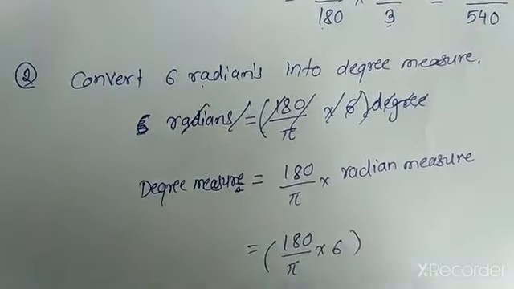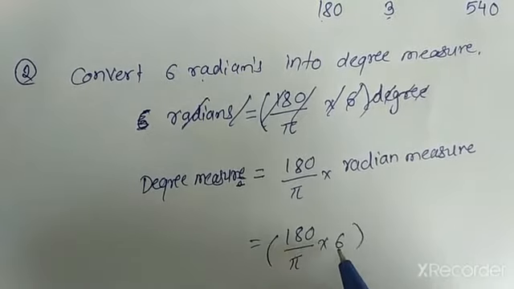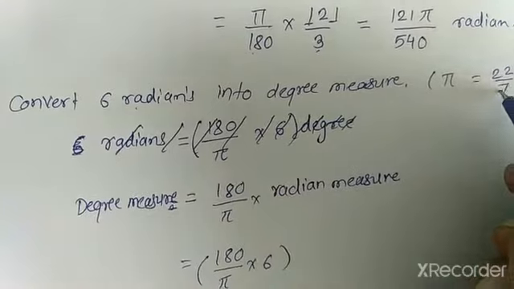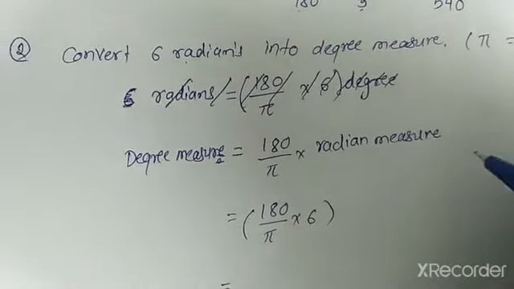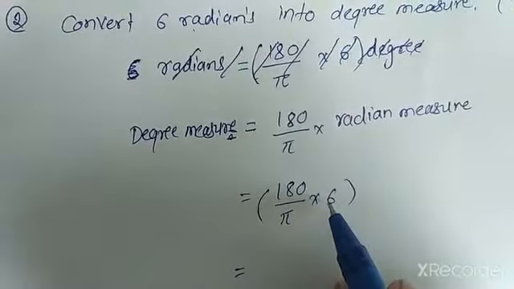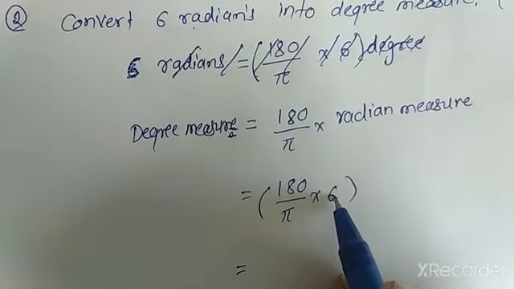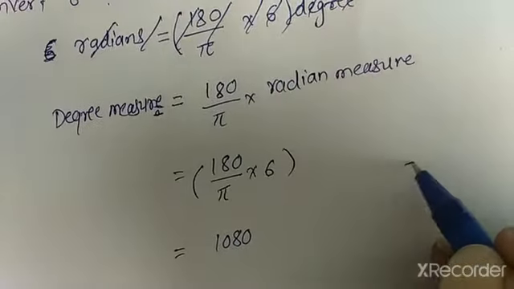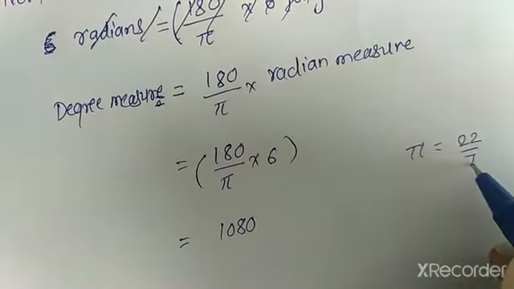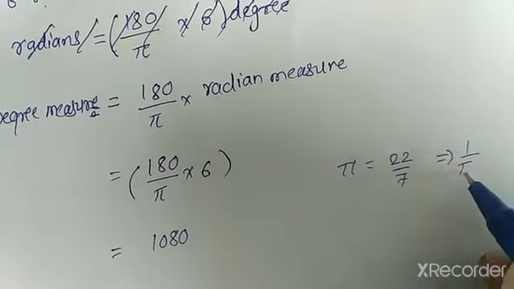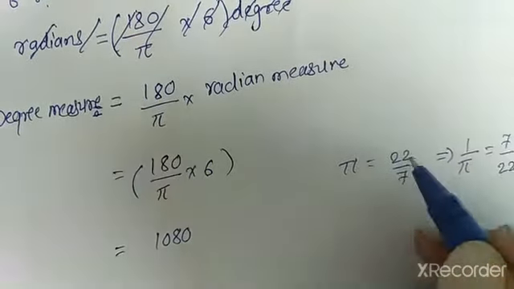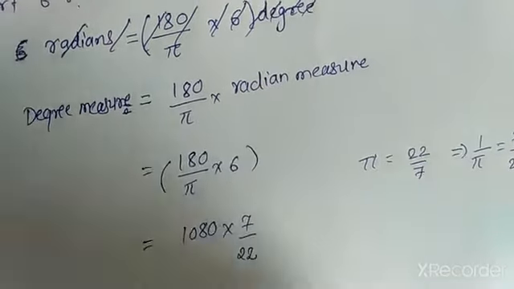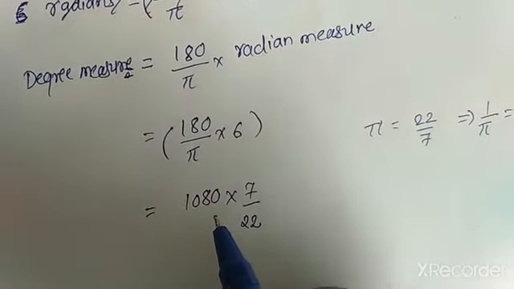So it can be written as 180 into 6, and here take pi equal to 22 upon 7. 180 into 6 is 1080, and as given pi is equal to 22 upon 7, which implies 1 upon pi is equal to 7 upon 22, the reciprocal.